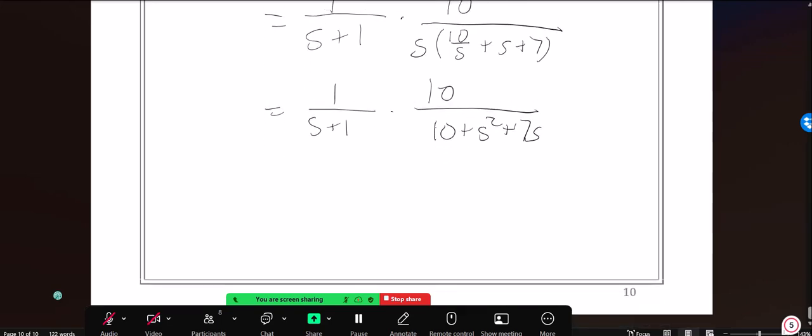And then that's not in the form that I like to factor. I like having my S squared in front, so S squared plus 7S plus 10.